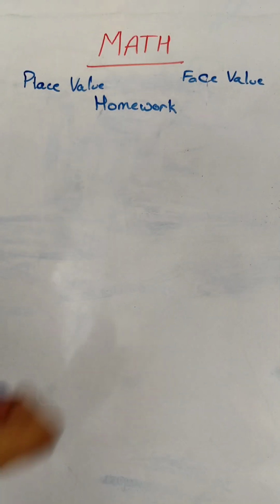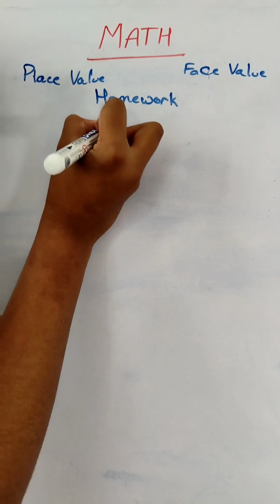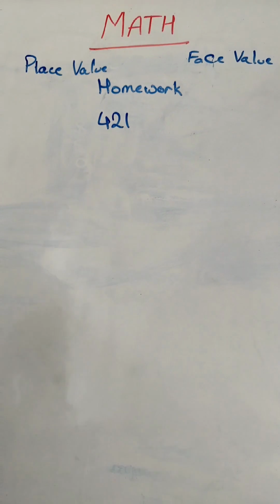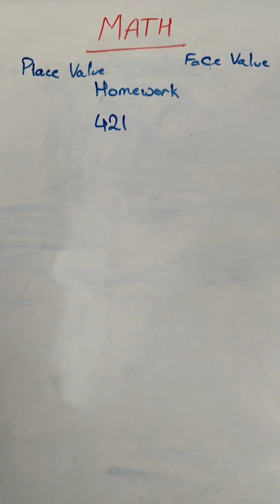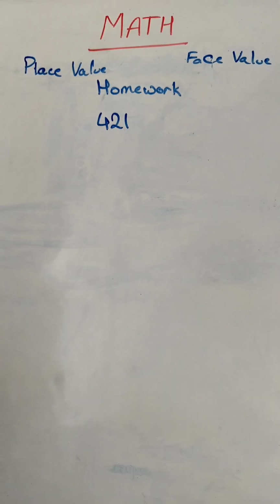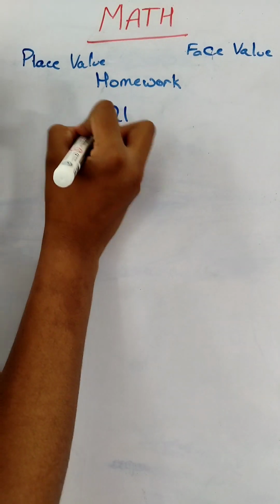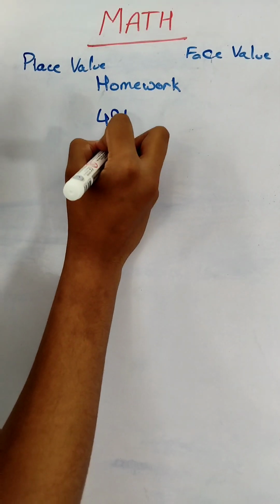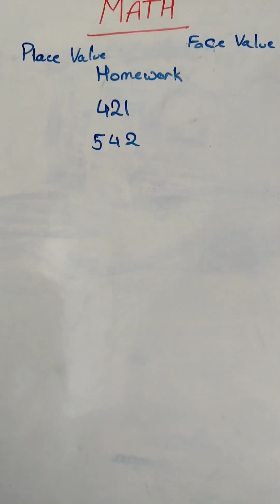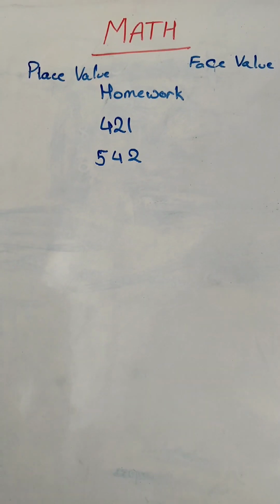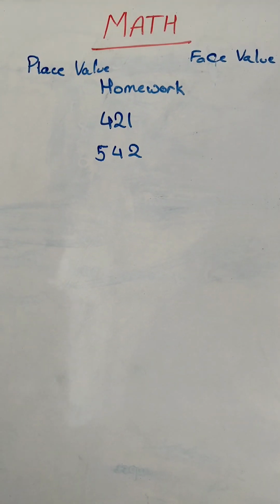The first number will be 421. The second number will be 542. Both numbers are very easy, not too difficult to solve. I've given you easier ones so that you'll understand the topic better.